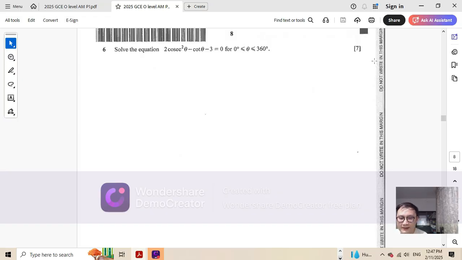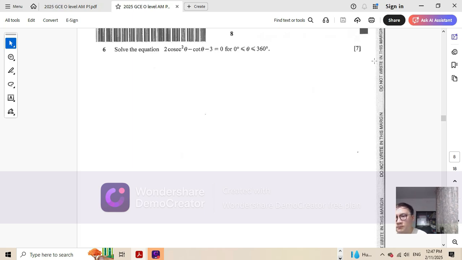For example, if it's a rational function, you may want to get rid of the denominator by multiplying both sides by the denominator. Or if you have a common term, you may want to factorize out the common term. The keyword F stands for factorize. Or you may want to use some form of trigonometric identity to transform the equation first. I will call that manipulation.